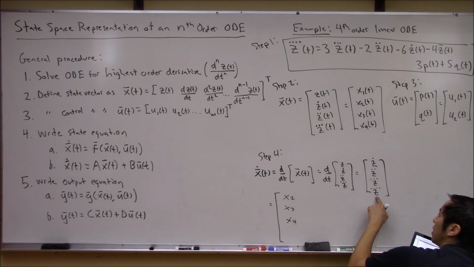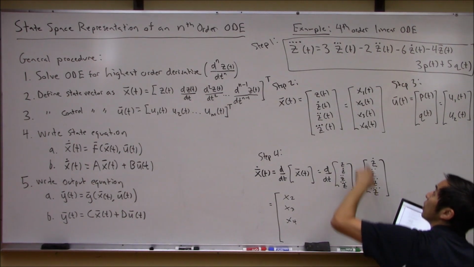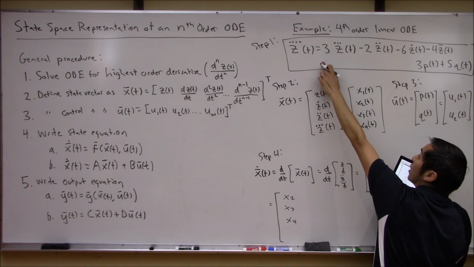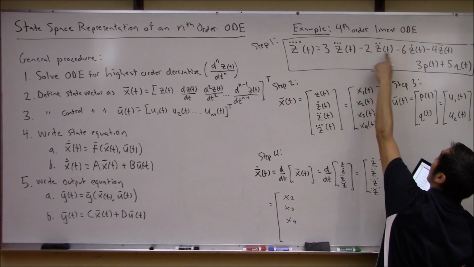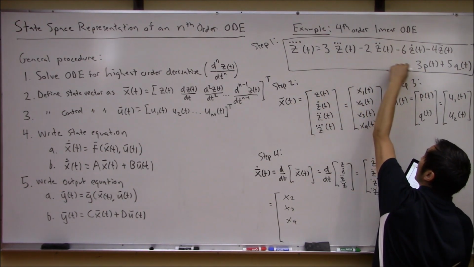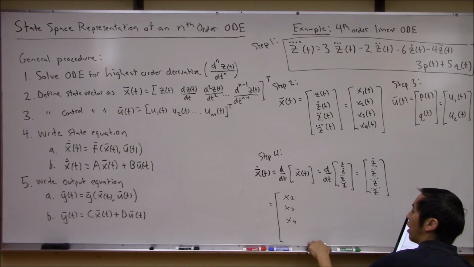And now here's z quadruple dot, and this is why we solve for it up here in step 1. So z quadruple dot is this thing up here. I'm going to take the right-hand side and put it down here in this bottom row.